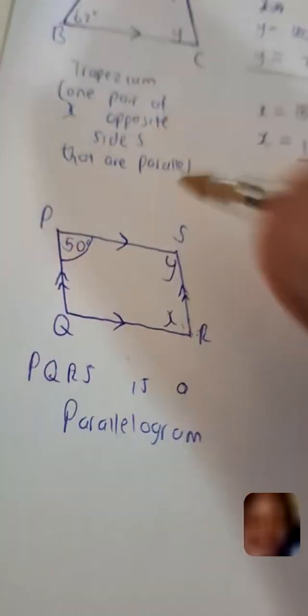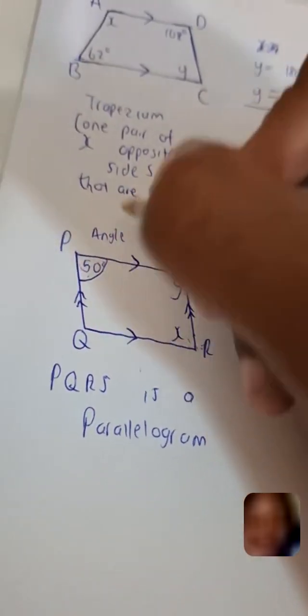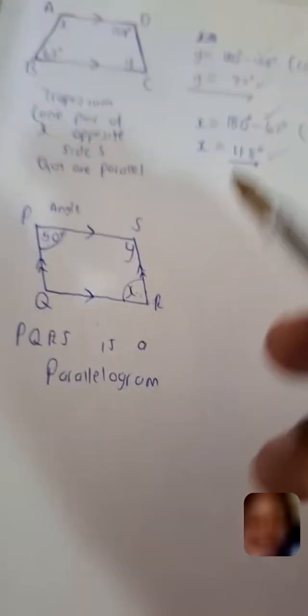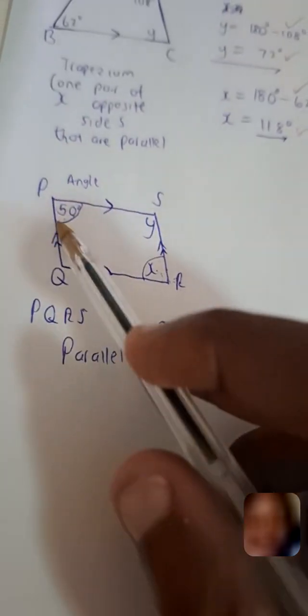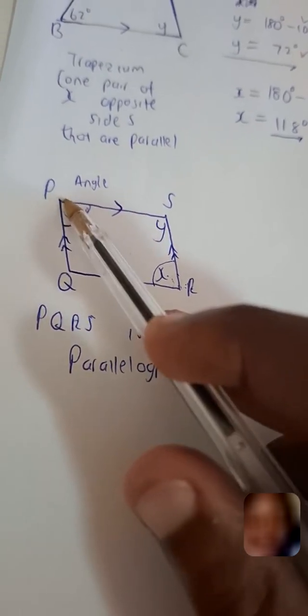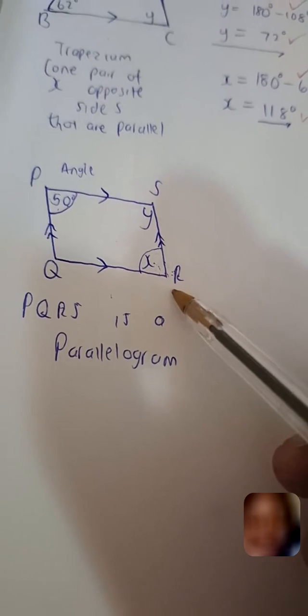So what we do have is the angle of P, which is 50 degrees, and we want the angle of R, which is x.